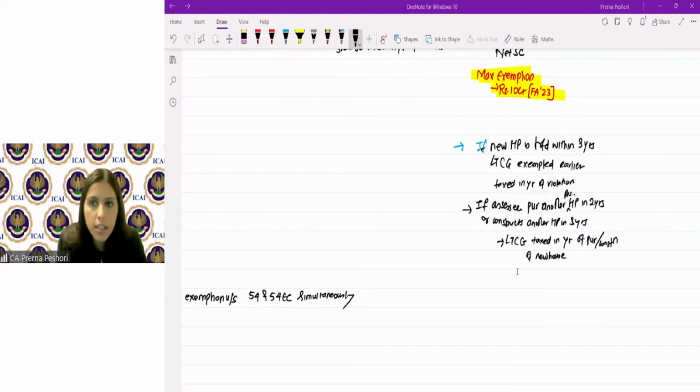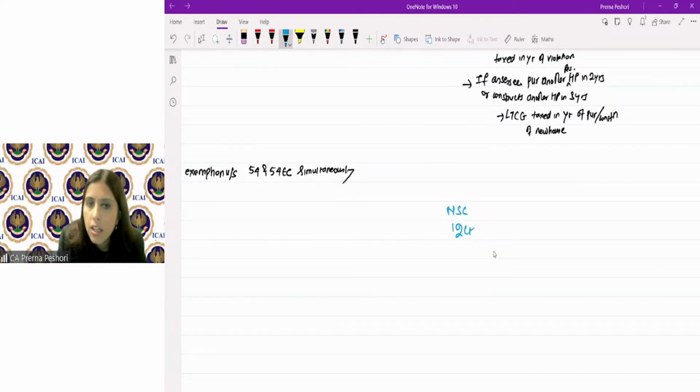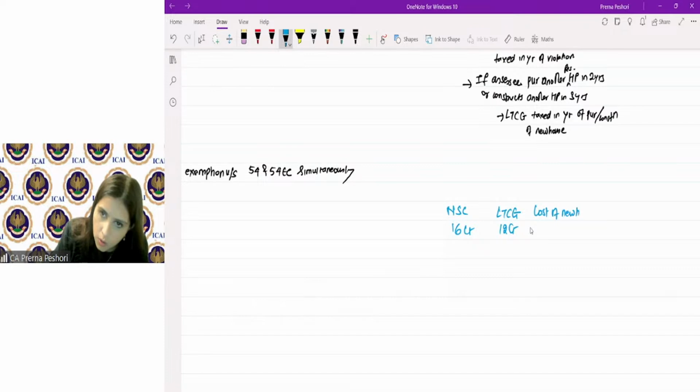Okay. So let's say, for example, where we can consider the exemption. Let's say my LTCG is 12 crore, and let's say the net sale consideration is 16 crore. Fine. Let's say the cost of new house is 8 crore.